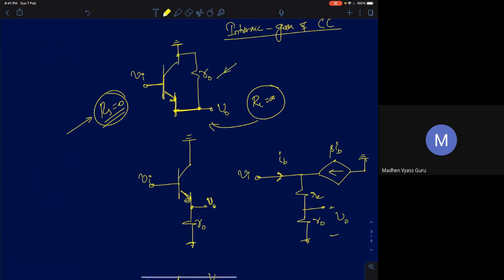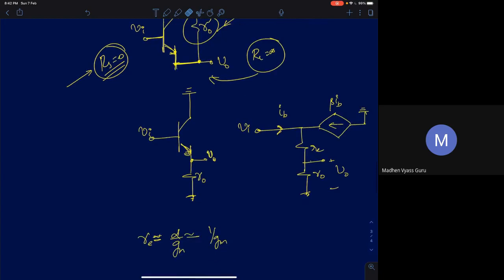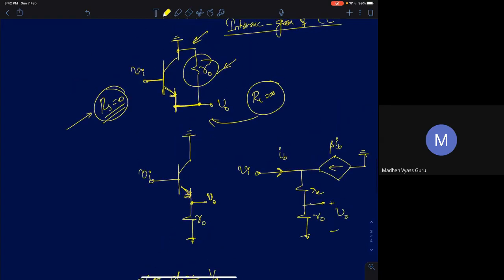There is R naught to AC ground, as the collector is at AC ground. So I can redraw the circuit this way, bring the resistor down and refer it to the ground. This is AC ground. Now that you have the circuit this way, you are supposed to find the voltage gain V0 to Vi.